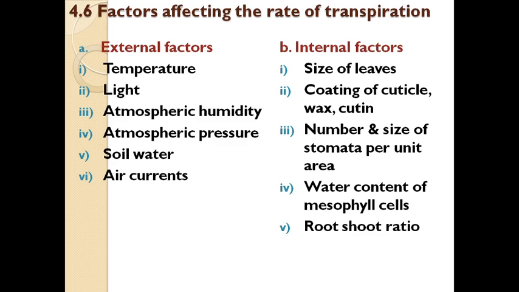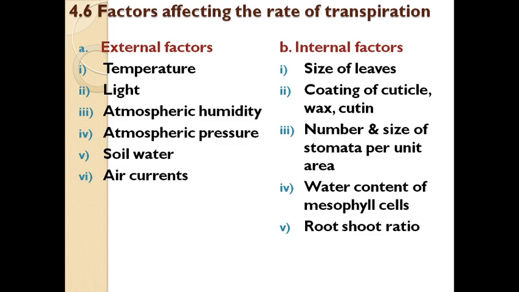But in cotton and onion, there is a decline in stomatal opening at temperatures exceeding 30 degrees. So if the temperature is more, the rate of transpiration is more. If the temperature is low, the rate of transpiration is also low. But in onion and cotton plants, when the temperature exceeds 30 degrees, stomatal opening declines.